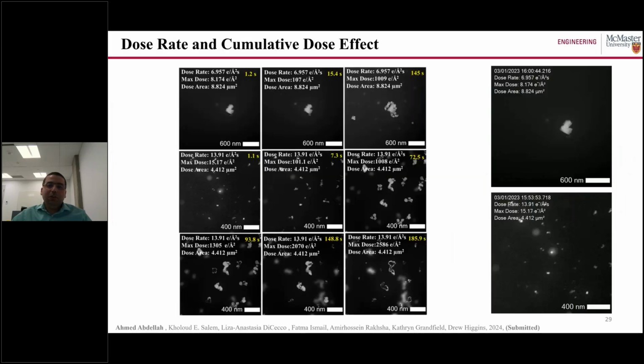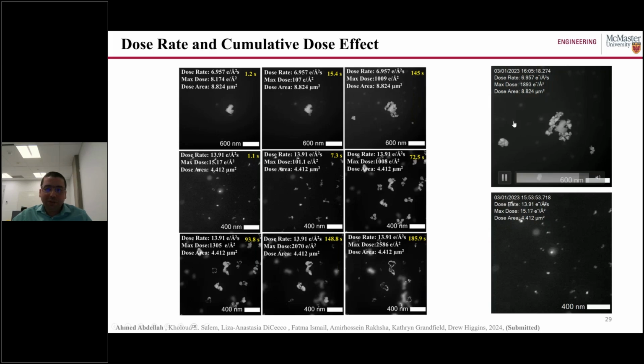So why do we say that? You can see we tried two different doses. If you introduce a very low dose, like 6 electrons per angstrom squared per second, you can see that over time the dose rate is constant, but the accumulated dose builds up in the system, and you can create nucleation of new particles inside the TEM.